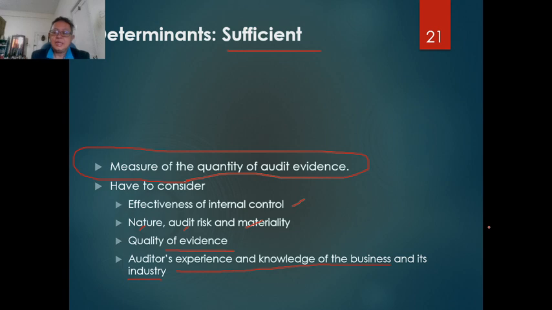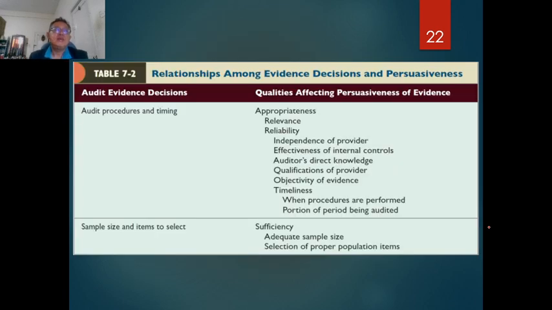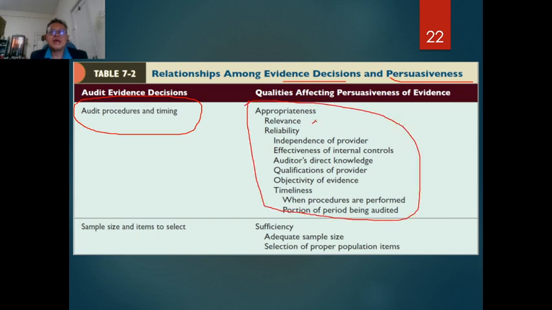Now, here is what we gathered from Arens, 16th edition. How are audit evidence decisions and persuasiveness related? If anything relates to audit procedure and timing, you need to look at whether it is relevant, reliable, and also timely.